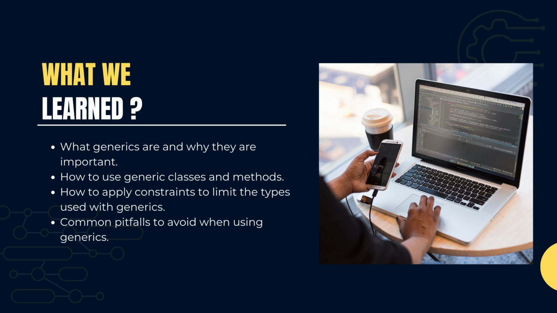Generics are a core feature of C# that make your code more efficient and safer. By mastering generics, you'll be able to write more scalable, maintainable, and reusable applications. In the next video, we'll dive even deeper into more advanced topics in C# programming.